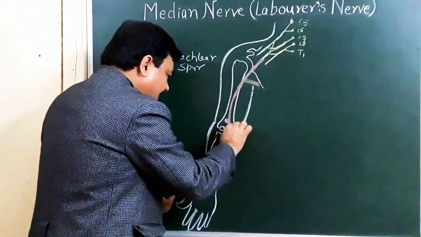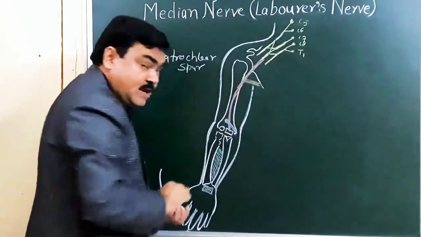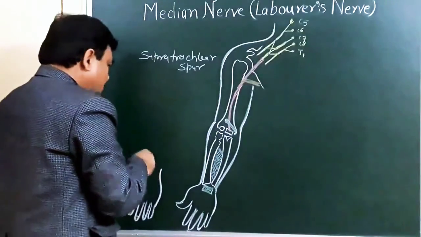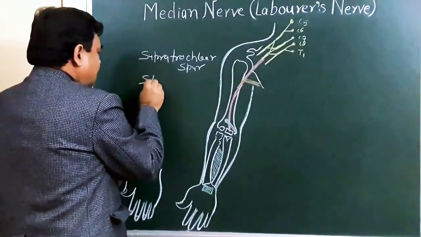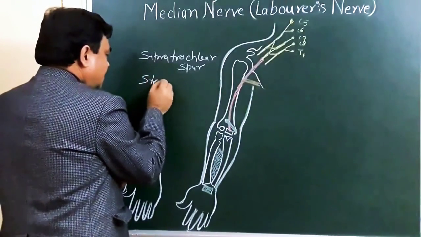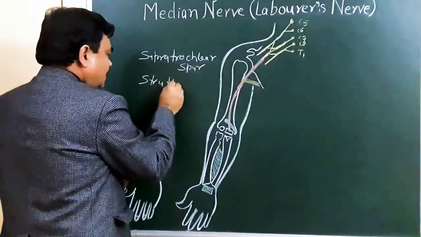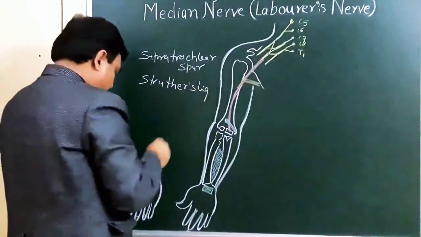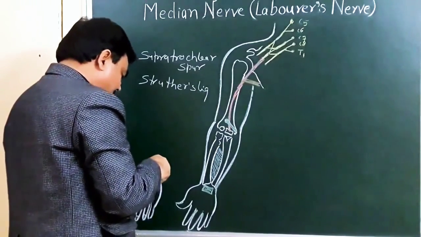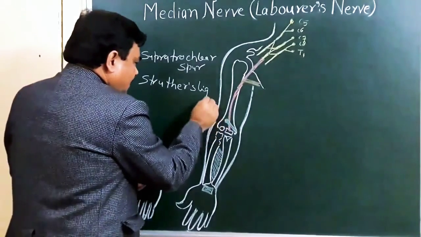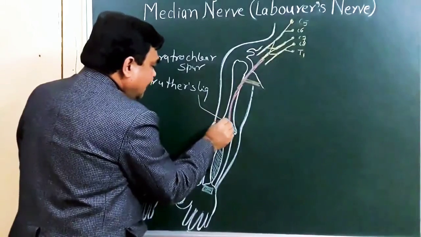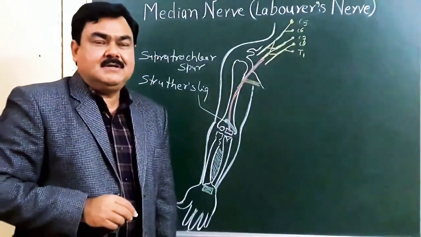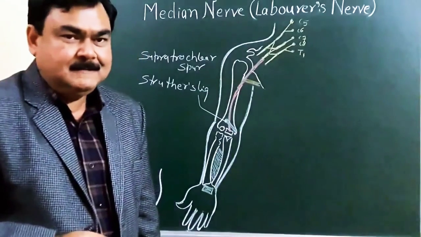Sometimes a ligament is present, known as Struthers' ligament. This ligament is rarely present. It has morphological importance.